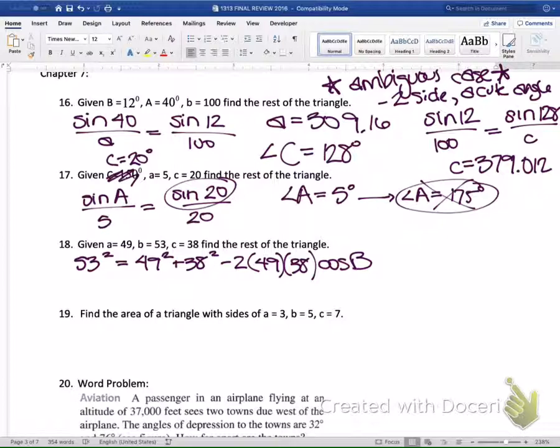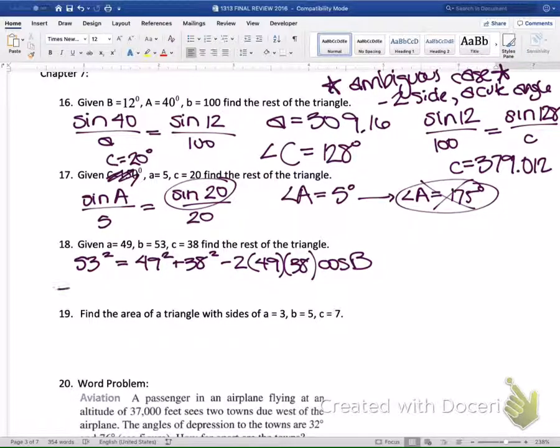This is not a complicated question either. However, we sometimes forget how to solve these, right? So if I'd like to get angle B by itself, what do I have to move? All the squared terms to the left. So I'm going to start by doing 53 squared minus 49 squared minus 38 squared.